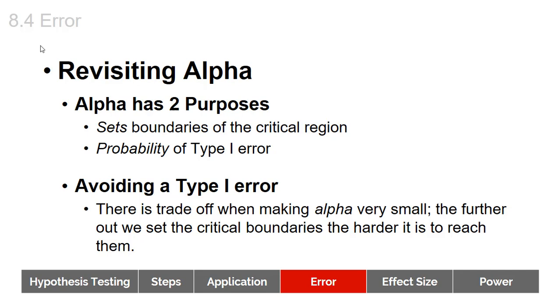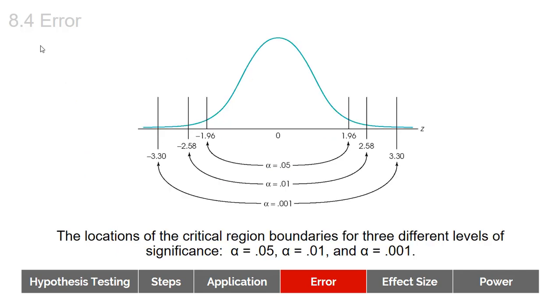So we might just say, I'm going to be as rigorous as possible, and I'm going to set my alpha at 0.01. But in doing so, we then have made our critical region very, very small. And it makes it hard for us to then find a significant difference when maybe there is actually a significant difference there.